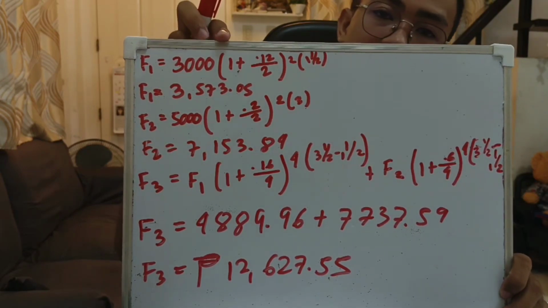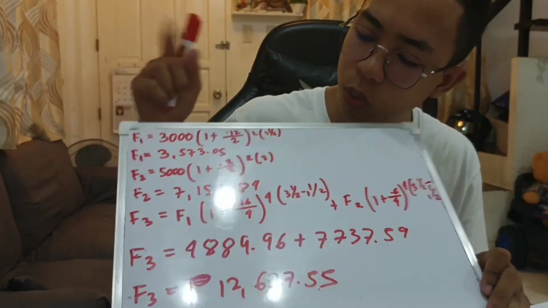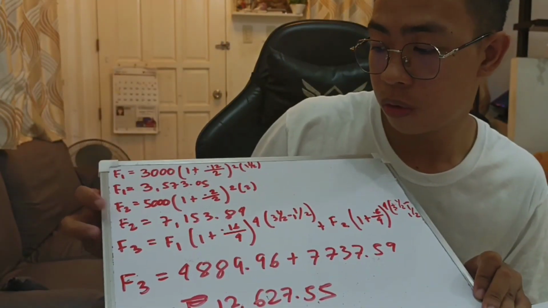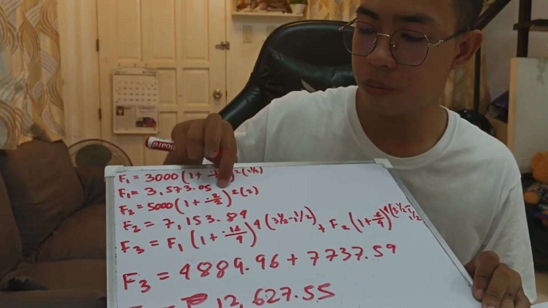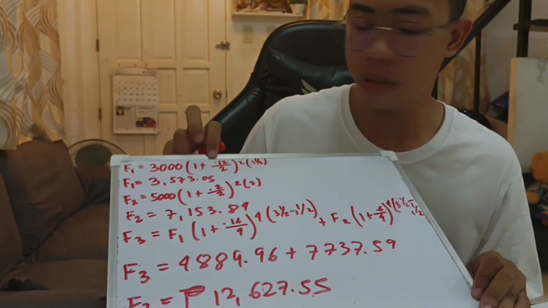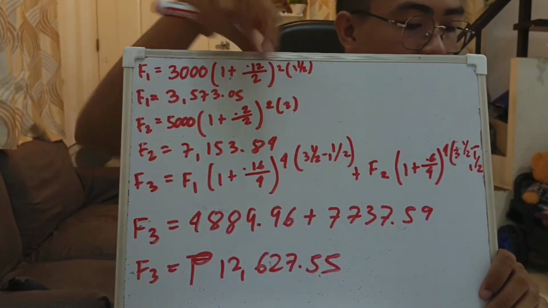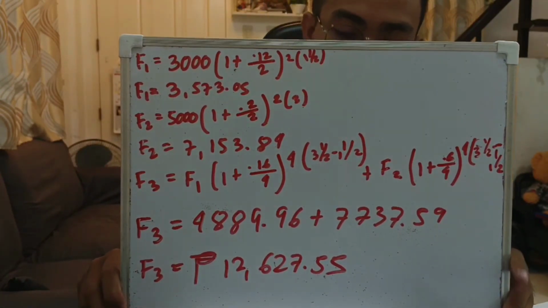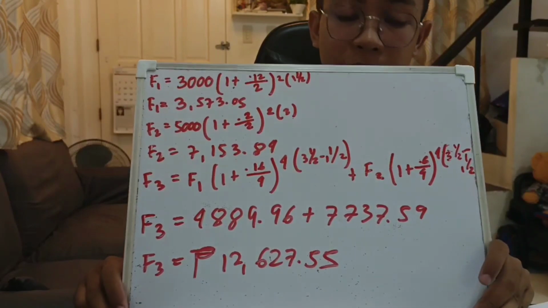Then same with I2, it is 0.12. And so we'll be substituting that.